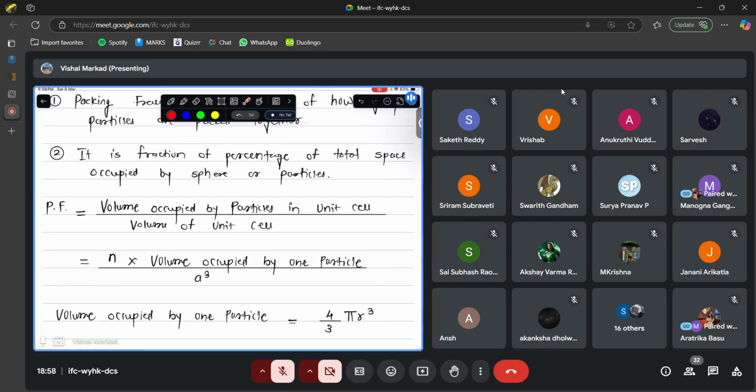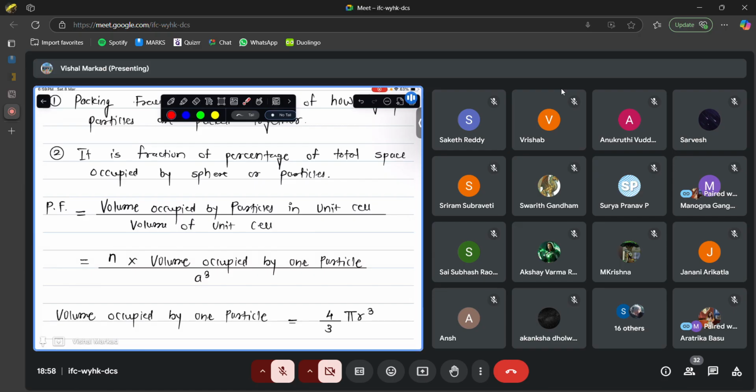Volume occupied by all students is the number of students into volume of each student. Same way, N into volume occupied by one particle. N stands for number of atoms.